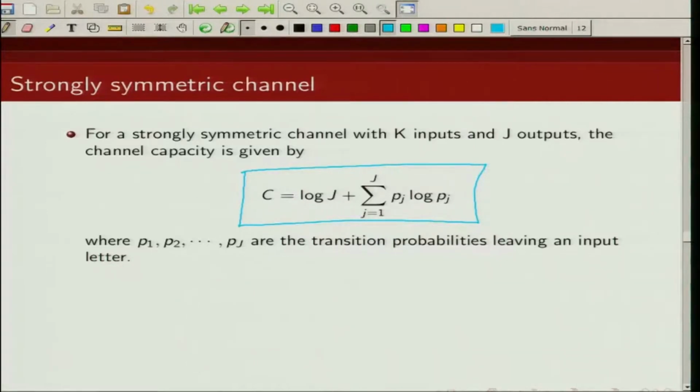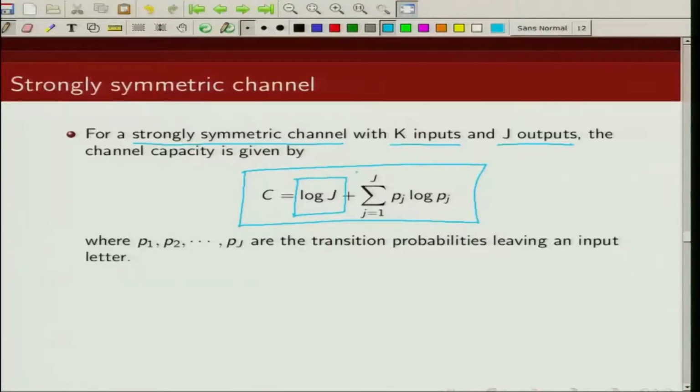If you have a strongly symmetric channel with k inputs and j outputs, then channel capacity is given by this expression. We know from the uniformly focusing property that the distribution that maximizes h of y is the uniform distribution, and the maximum value of h of y corresponding to this uniform distribution is given by log of j, where j is the number of possible outputs.